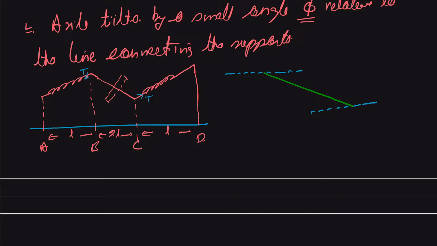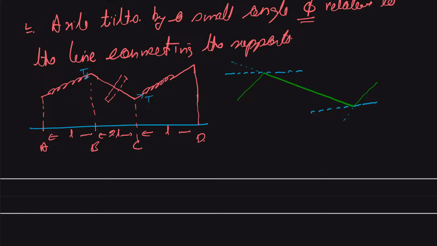The springs are one in this direction and the other one in this direction. And for this twist, we can extend this a little bit so we can draw the angle phi.